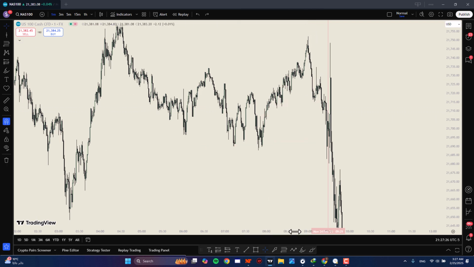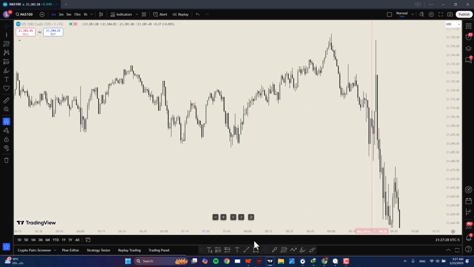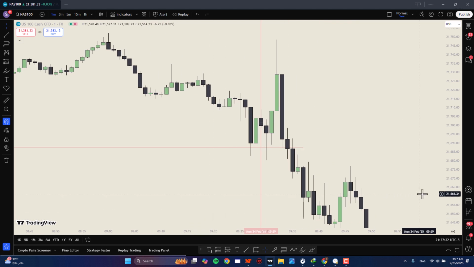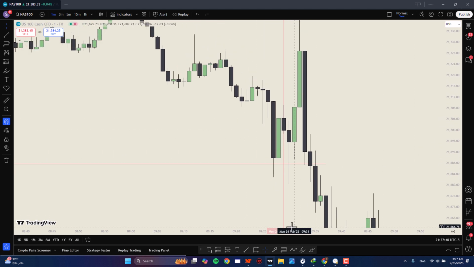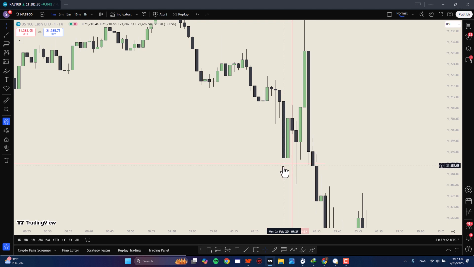At 9:30, price was trading at this extremity. Now let's zoom in. We traded below this once, at 9:27, and I thought to myself, okay, this was a sweep.